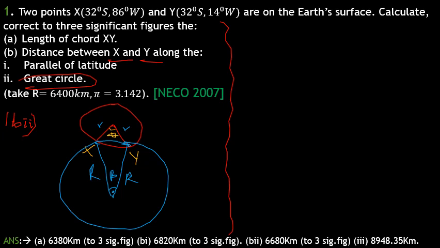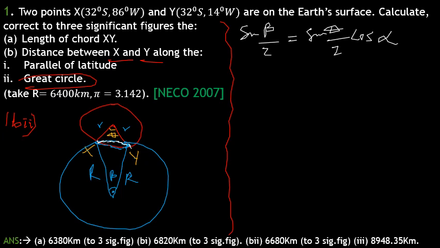Now we have found the distance xy along this small circle, the parallel of latitude. We now want to find it along this, the great circle. So what do we do? There's a formula you need to take note of. We have sine beta over 2 is equal to sine theta over 2 over cos alpha.